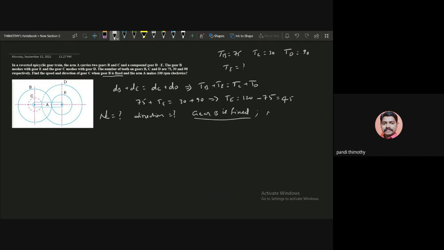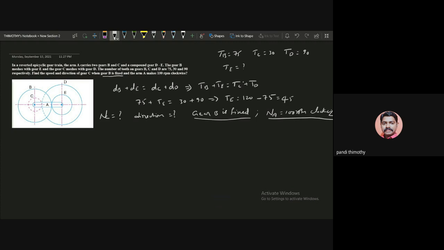Arm A, that is NA, is equal to 100 RPM clockwise. So these are the two conditions given. Based on these two conditions, we are asked to find out the speed of gear C and the direction.